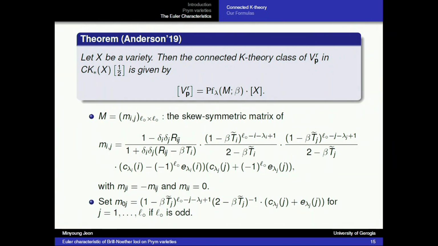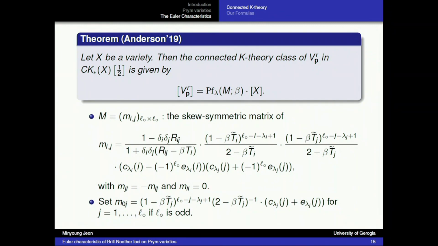Anderson provided this connected K-theory class of the orthogonal Grassmannian Schubert variety as the Pfaffian of the skew symmetric matrix associated to a certain partition lambda. So in our pointed Prym variety case, the lambda is the vanishing sequence. And here, in the skew symmetric matrix, the diagonal part is all 0, and the lower triangular part is just the negative of the upper triangular part.